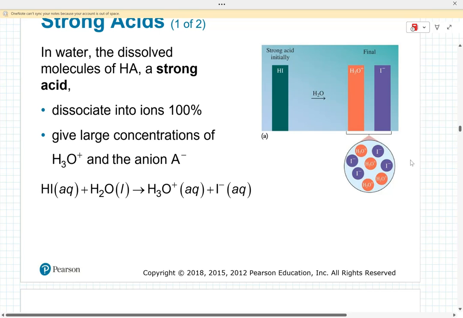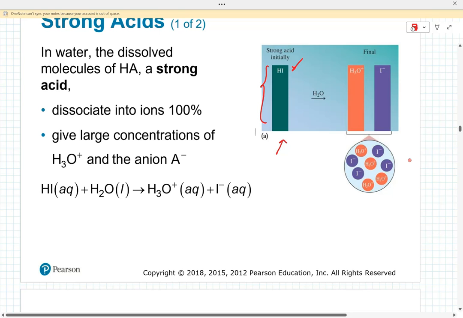So this is an example of what happens to hydroiodic acid in solution. It's fully dissociated. What I want you to pay attention to here: this bar represents the concentration of HI as the formula unit, okay?